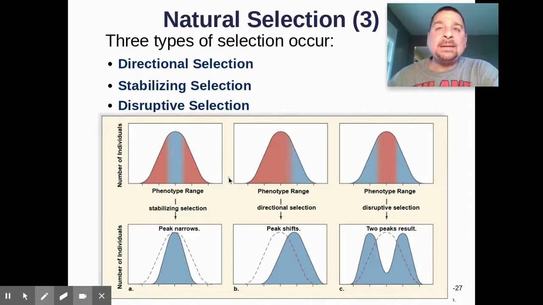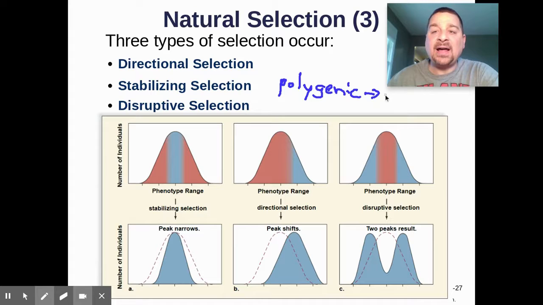There's three main types of natural selection that we want to look at. There's directional, stabilizing, and disruptive selection. And I forgot to mention on the first slide, we're looking at mostly polygenic traits. Traits that are controlled by two or more genes.